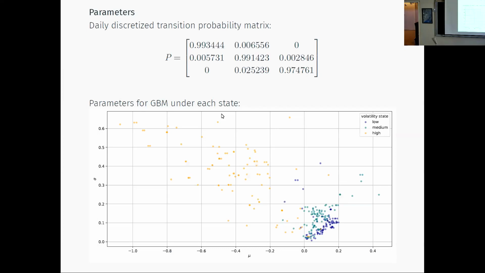We see that we have positive drift and a relatively low volatility. The light blue one is medium volatility, and this time we also have positive drift, but higher volatility. The yellow dots are parameters for the high volatility state, but this time we have negative drift and very high volatility.